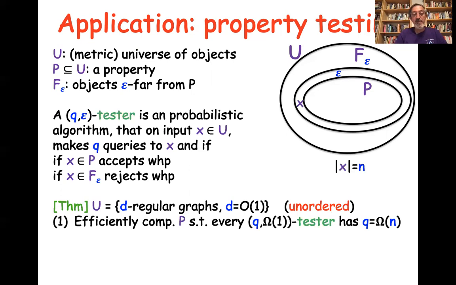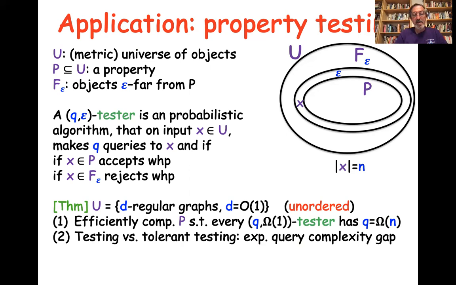One result is an efficiently computable graph property P, such that every tester with constant epsilon must ask a linear number of queries to be a tester. Another result is an exponential gap in the query complexity between testing, which I defined, and tolerant testing, which I didn't define, and I will not, but anyway, another new result.